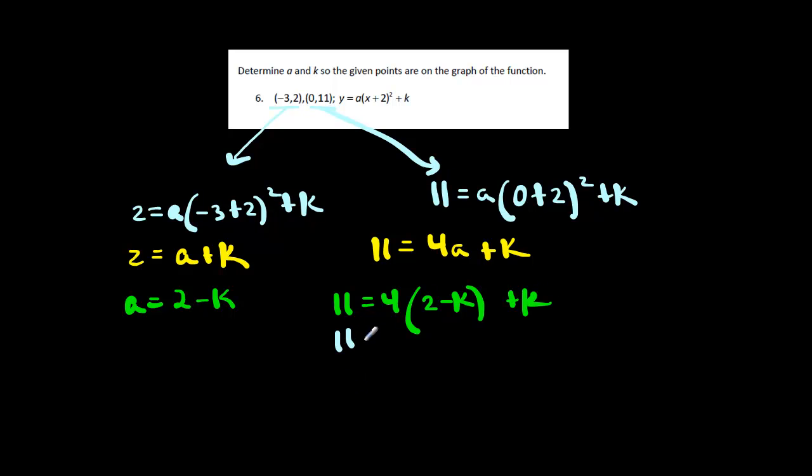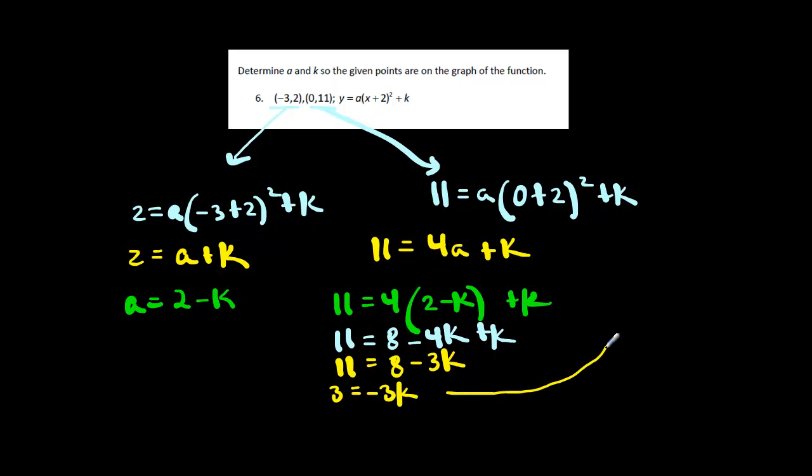Let's distribute the 4. 8 minus 4k plus k. So we have 11 equals 8 minus 3k. Subtract 8 from both sides. We're going to have 3 equals negative 3k. And then divide both sides by negative 3. k is negative 1. So that's part of our answer.